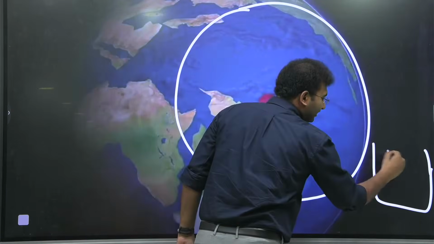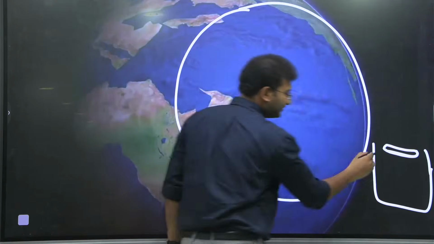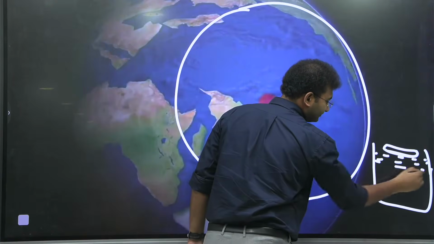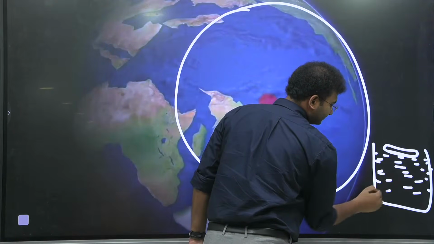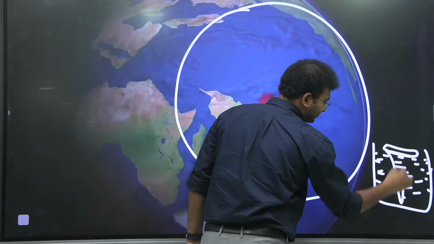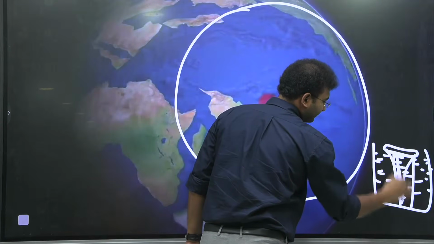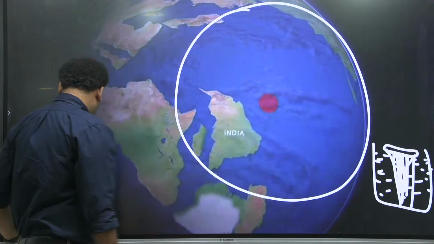And your India is floating like this, right? Imagine this is the water, and this is the landmass of India. Agreed? So here, please try to understand.